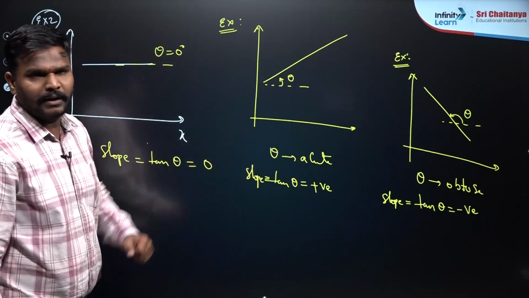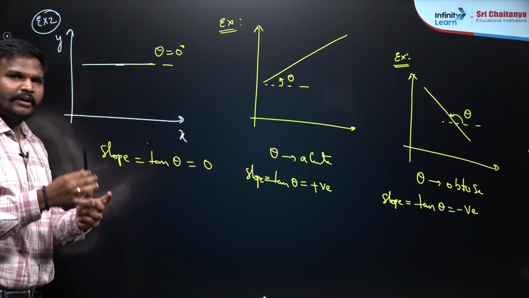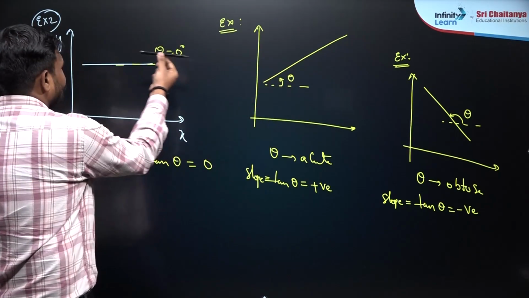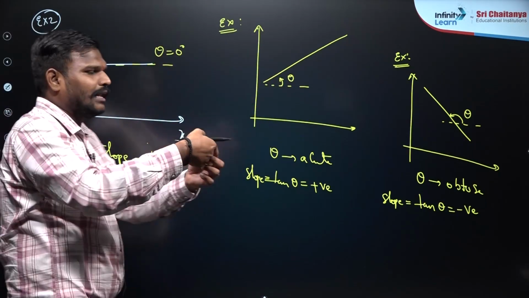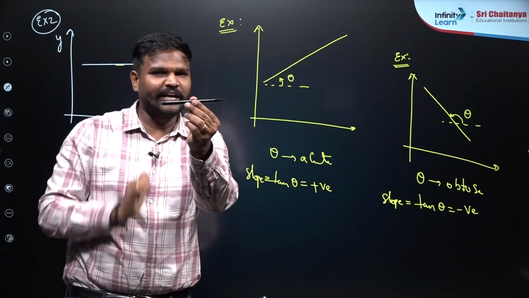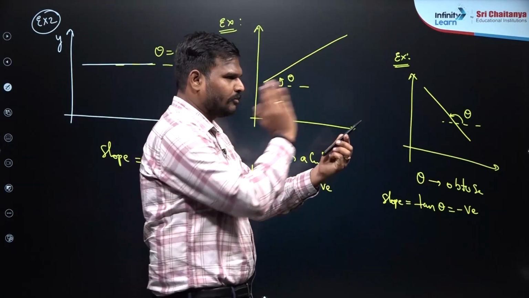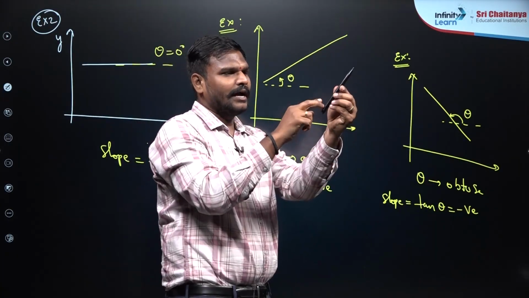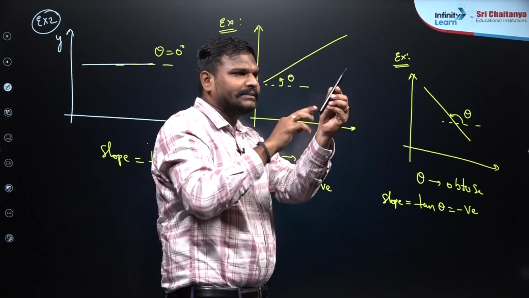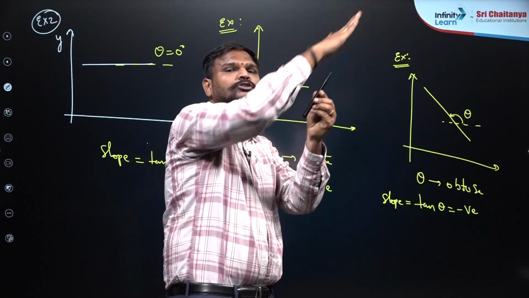So we need to remember this. Whenever you are writing an exam, a pen is in your hand, you keep your pen on the graph. If it is like a horizontal line, the slope is 0 for identification. And if it is like this, from the origin you are observing towards positive x-axis, and to walk on that particular line or to ride a bicycle, if it is very difficult to go, that means it is a positive slope.